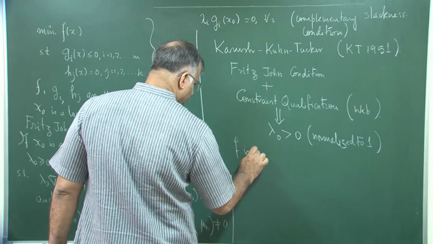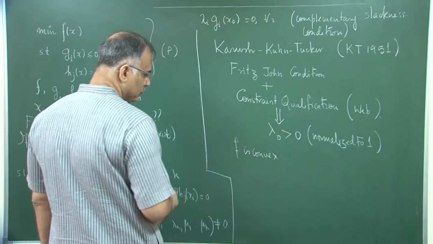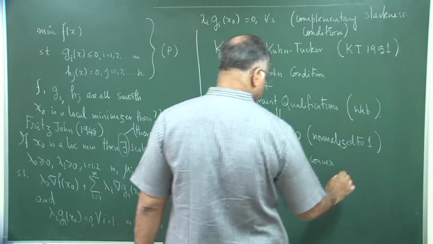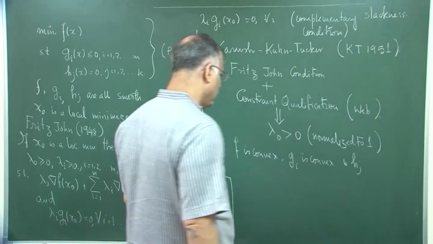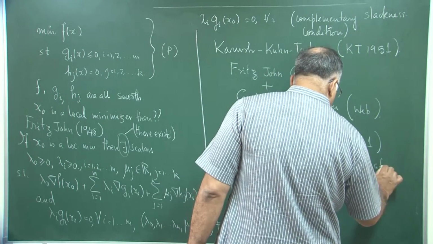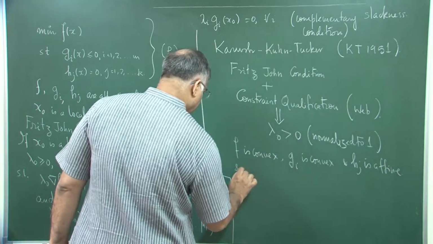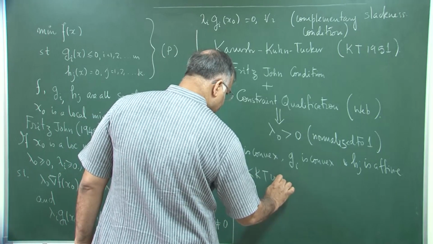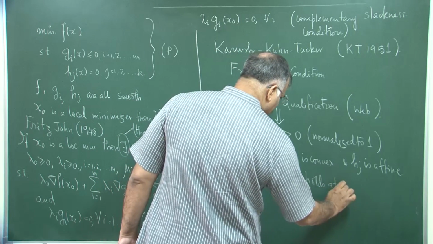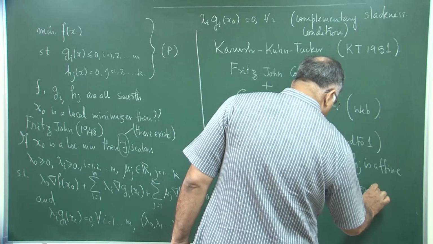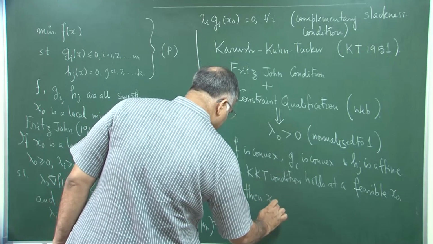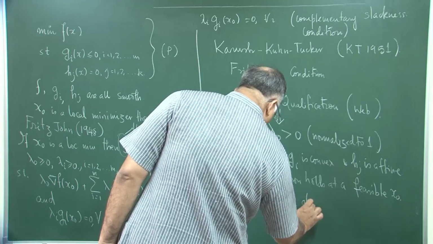So if f is convex, if g i is convex and h j is affine, functions we all discussed when we were talking about linear programming, and the KKT condition holds at a feasible x naught, then x naught is a global minimizer.